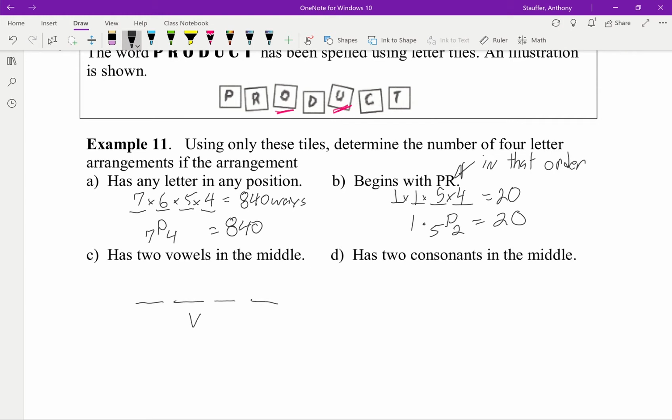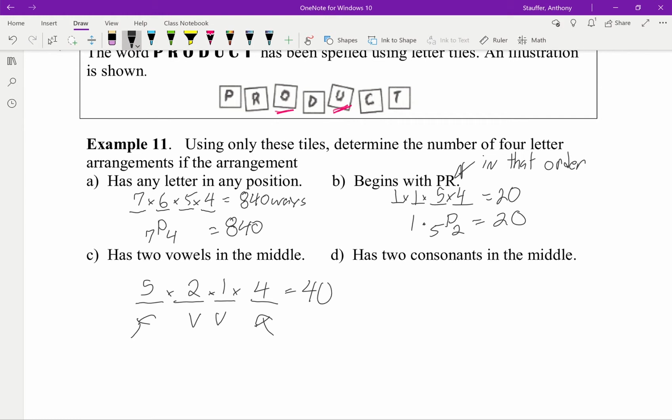Now I have 2 vowels in the middle, so since we only have 2 vowels, that means I could place 2 right there and 1 right there. Then I have another letter on either side. Had I had 3 vowels, I could just place the vowels right back in here. But I have 5 and I have 4, so it'd be 5 times 2 times 1 times 4, which would end up giving me 40.